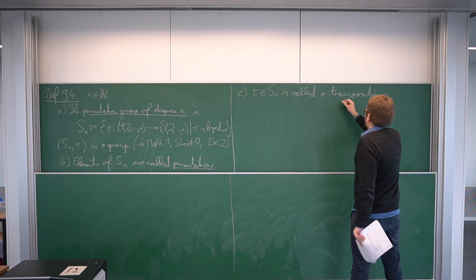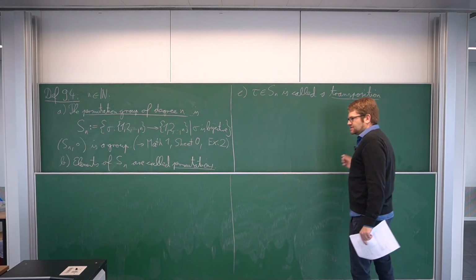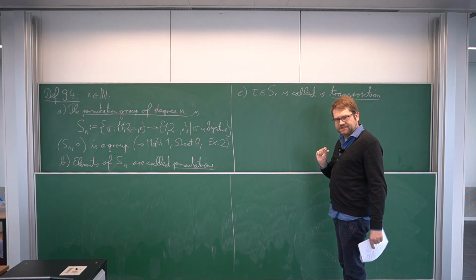It's called a transposition if it's a special type of permutation, namely it just swaps two elements and leaves the rest as it is.